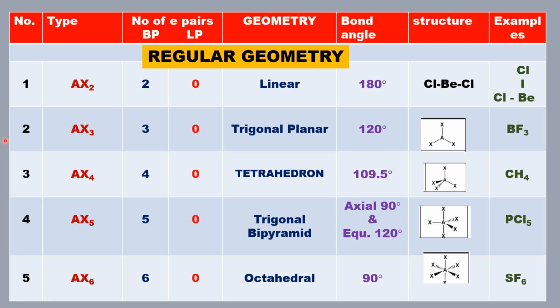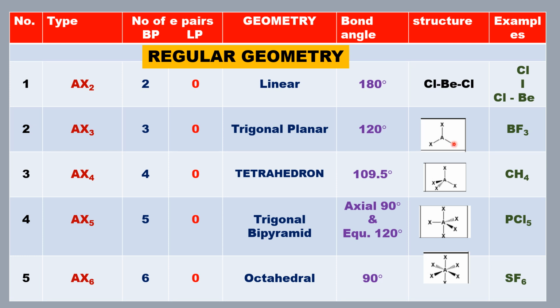Let us see AX3 type. It has three bond pairs. For example, in the last column, BF3, boron trifluoride. The fluorine atoms are arranged in such a way that there is minimum electron pair repulsion.